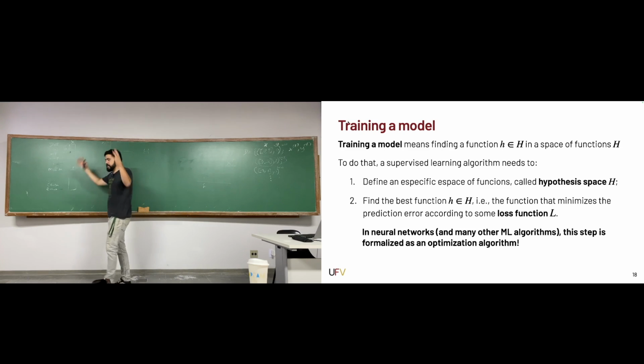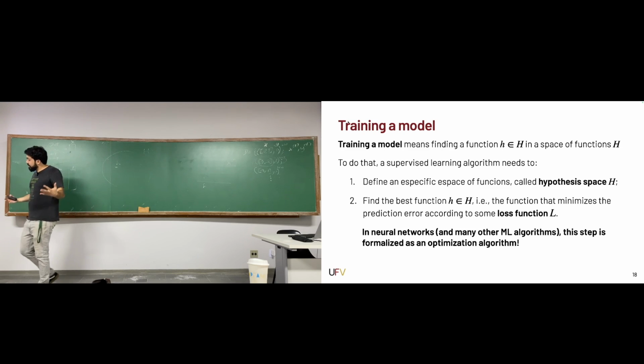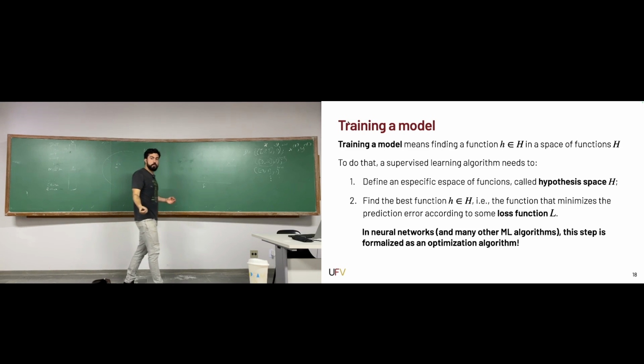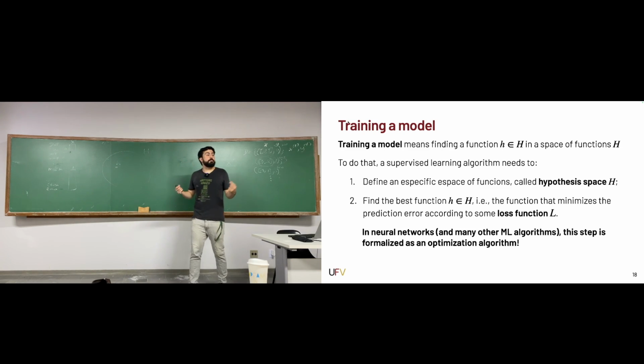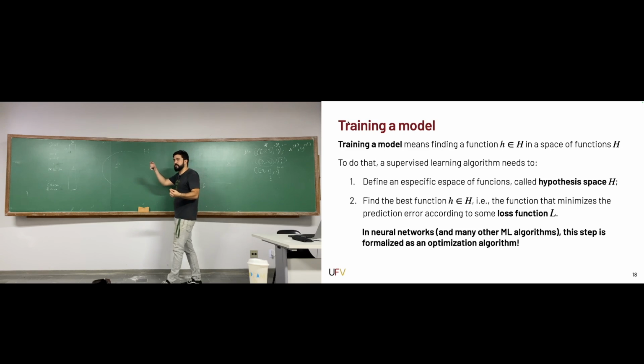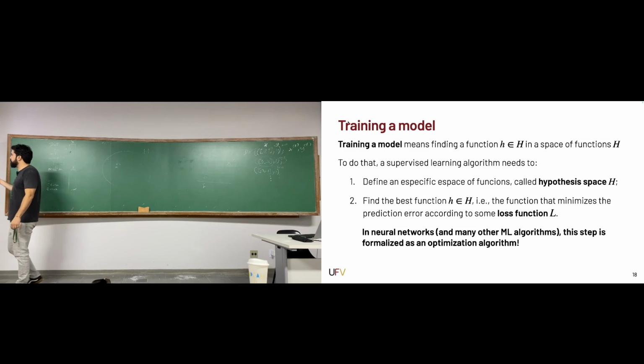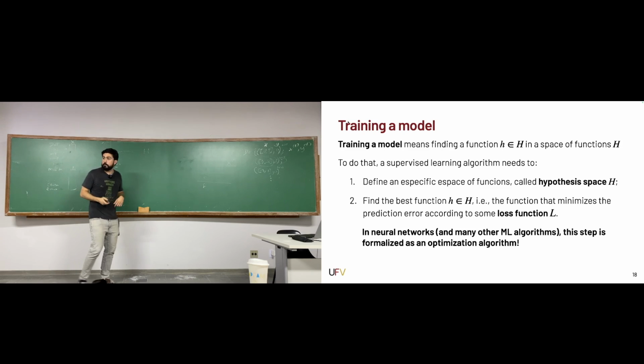Which means we have a large set that could potentially be infinite, and we want to find the best function there according to some loss function. So you would have a minimization problem where you want to find the function h that minimizes the error on a certain data set. A lot of different algorithms have a similar procedure.